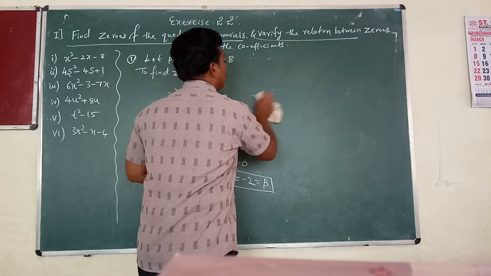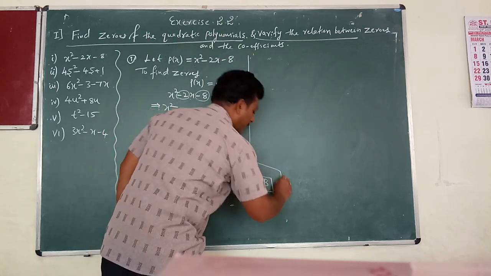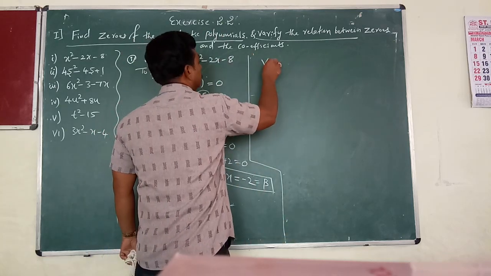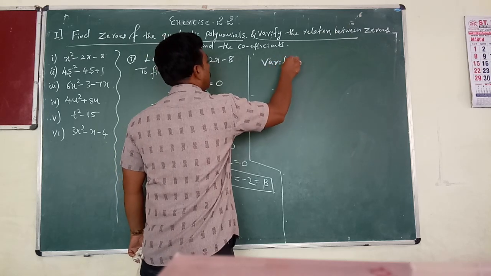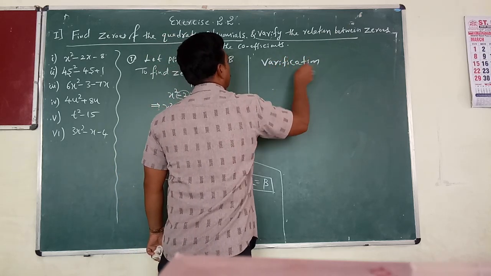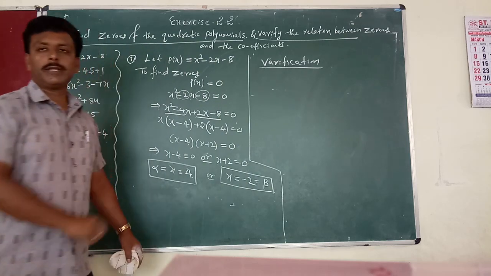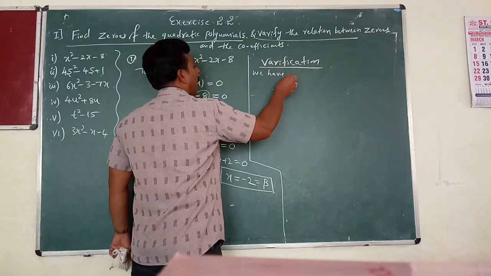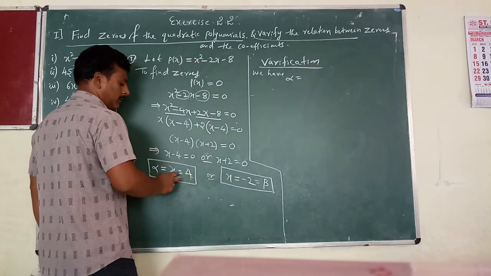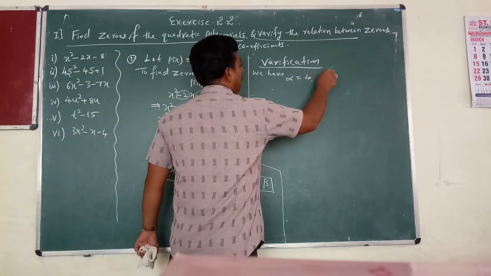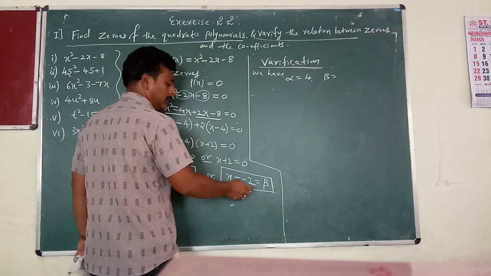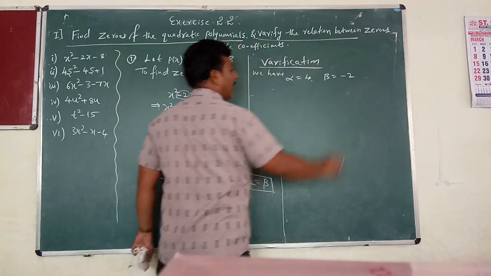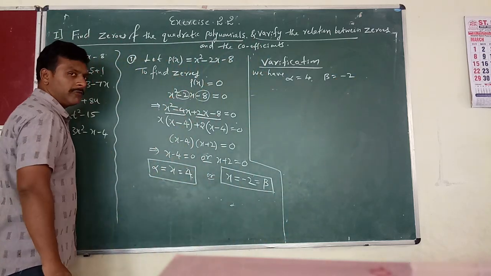I am going to find out that one only. Verification: I am going to show you how to do the verification. What we have, let me write: alpha is equal to 4, and beta is equal to minus 2. And the a, b, c values also we can take.